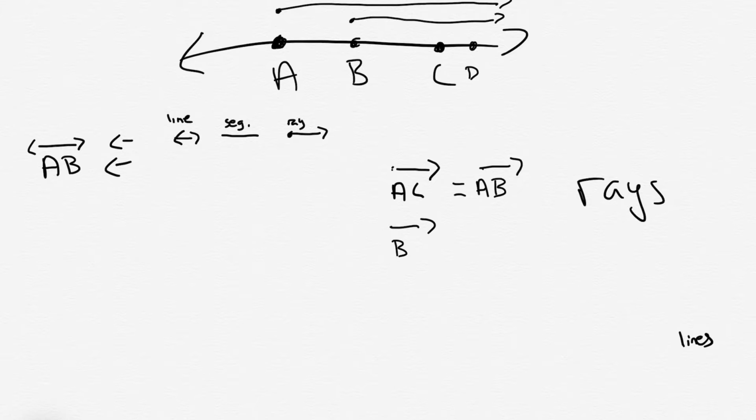Because the arrow is going to go on forever, all we have to do is pick a point that's going in that direction to label our ray. So we can do BC, or we do the same thing, B is our point, but we also have a D that's on the same line that's going on to infinity.